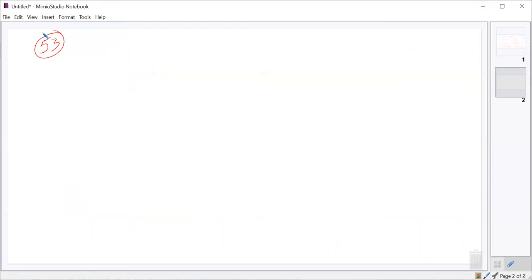All right, 53 says we have a sphere with a radius of r. It's divided into 2 parts by a plane at a distance h, where h is between 0 and r, from the center.